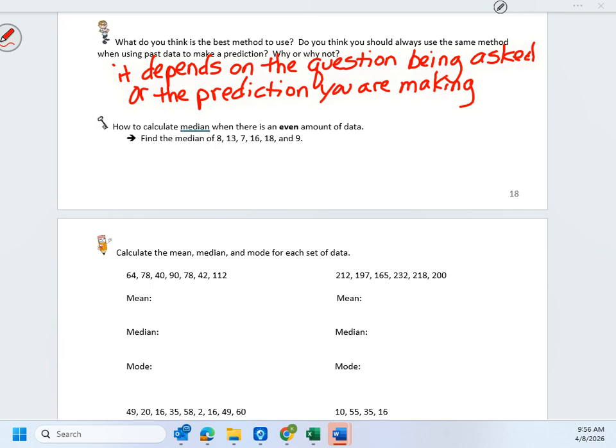All right, let's look at the bottom. How to calculate median when there is an even amount of data. I want you to see if you can do this. So you're going to work out that median. Right now, work out those 6 different data entry points. Figure out what the median will be.